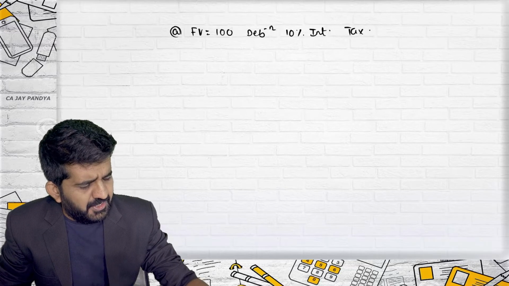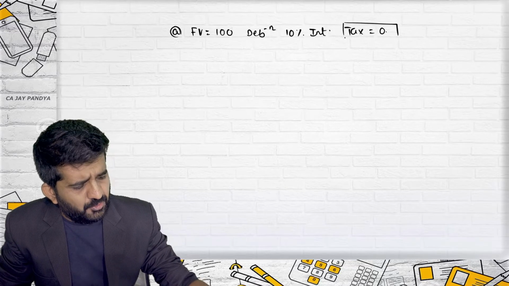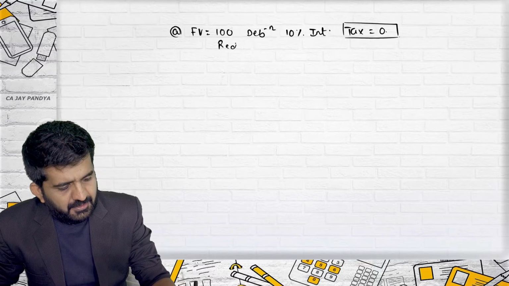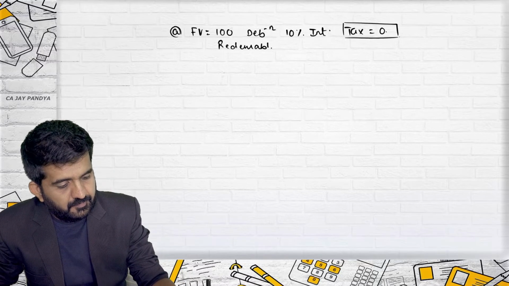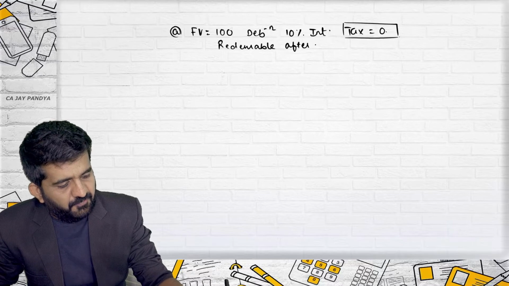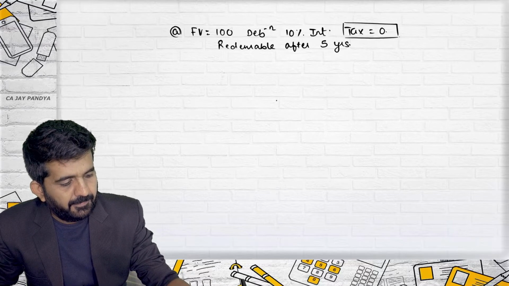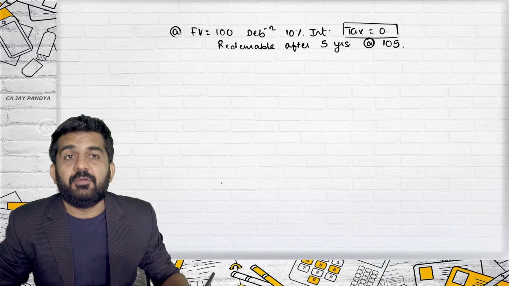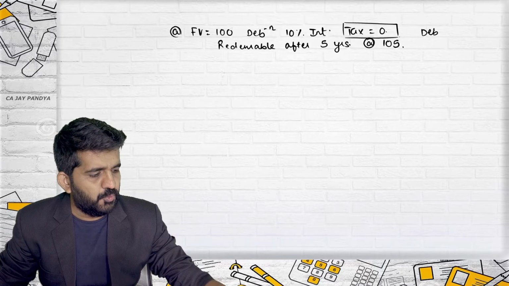Right now I am assuming tax as 0. If tax is also there, you can easily solve it. The debentures are redeemable after 5 years at the rate of rupees 105. Debentures were issued at par.